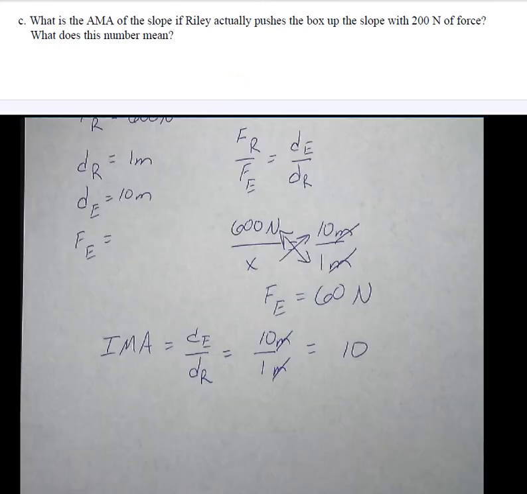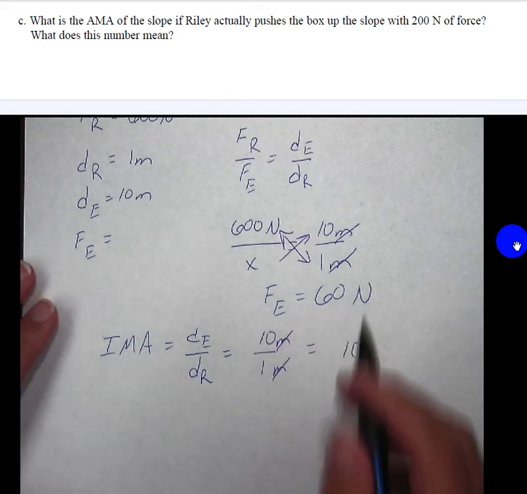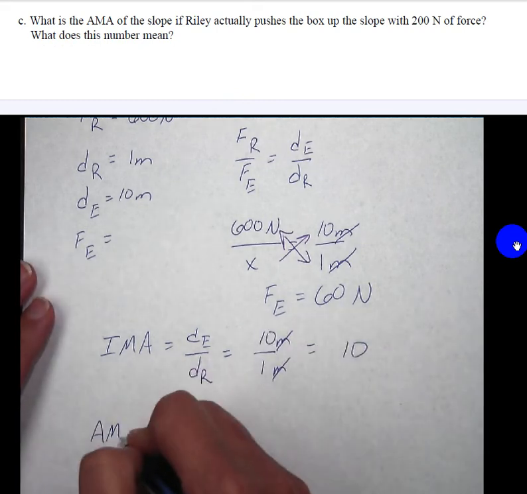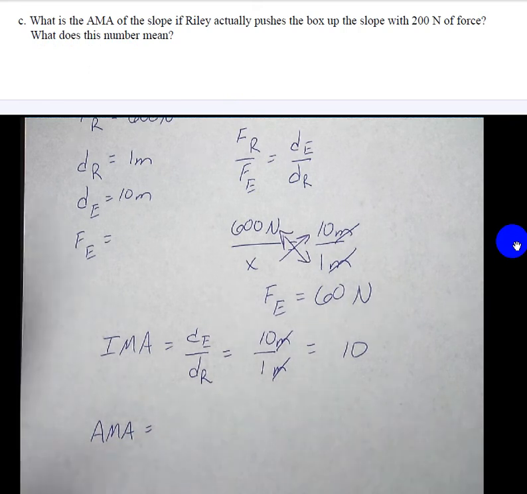Right, so what is the AMA of the slope if Riley actually pushes the box up the slope with 200 newtons of force? Well, that's a big difference than the 60 newtons. So we need to find AMA. Friction is figuring in. If you think about pushing a box or pushing something up a slope, there's a lot of friction.